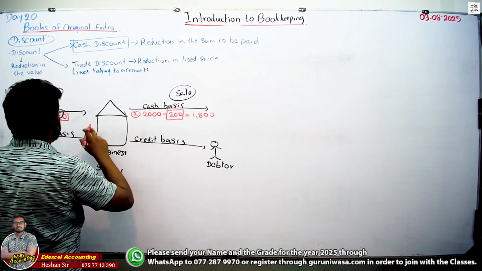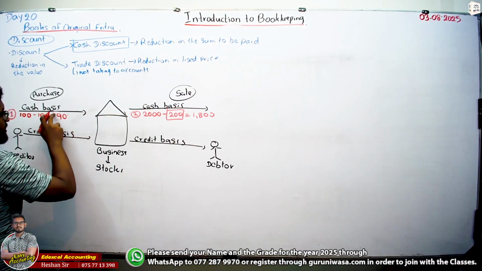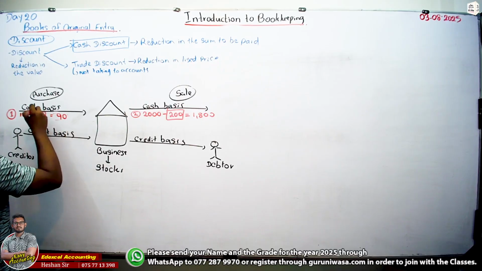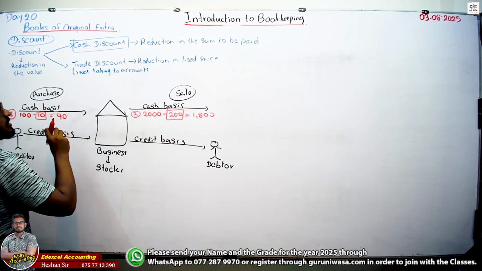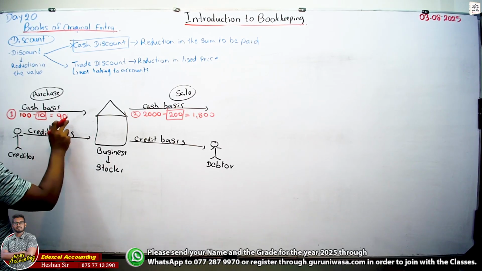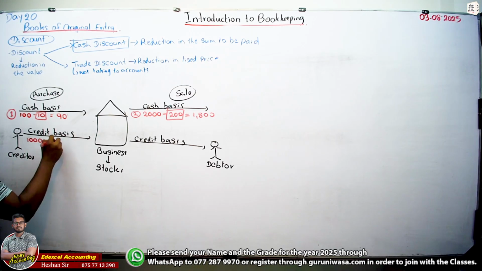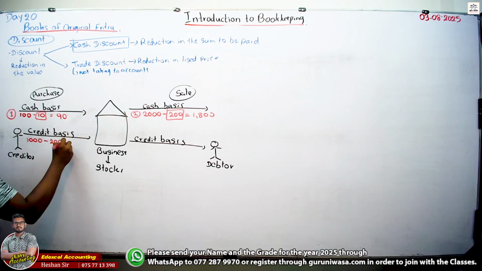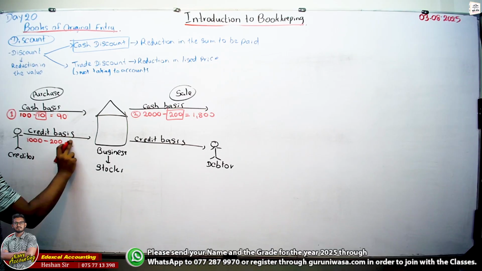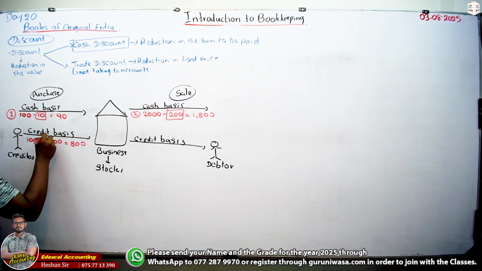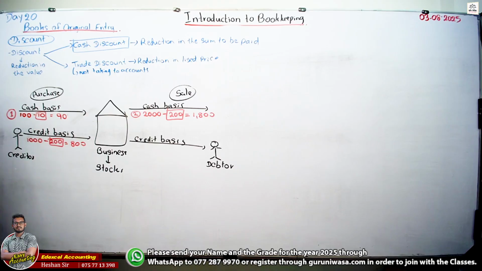In number 3, we purchase 1000 worth of goods on credit, the supplier allows 200, so we pay only 800. This is also trade discount.